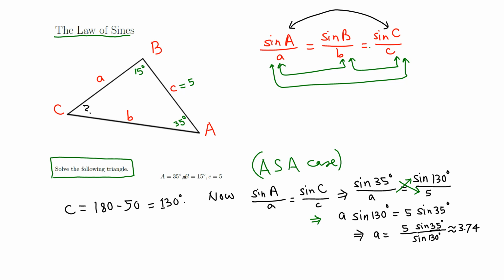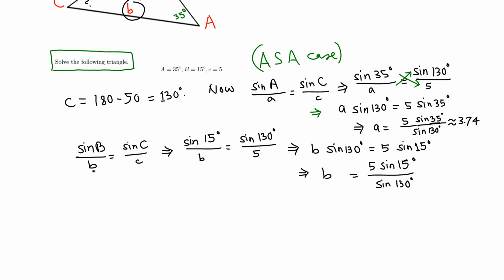Okay, so a is found. Now we need to find b. For this I use second ratio equals third ratio because c is already given, so next is second equals third, and we will do the exact steps.